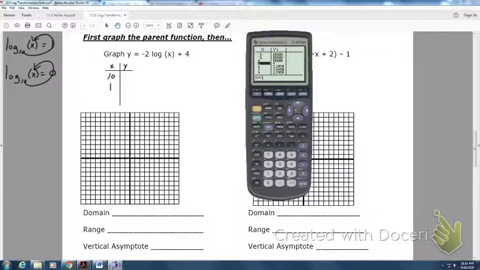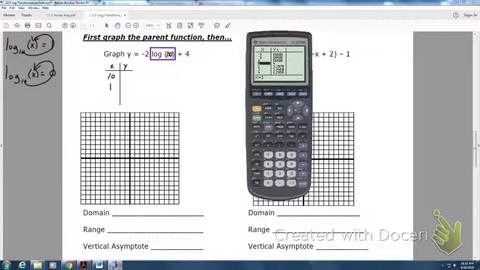Kind of follow me here, because finding these 2 points is not that difficult once you get a handle on what we're doing. Whenever I plug 10 in for x right here, this whole thing is log base 10 of 10, which we already said equals what?